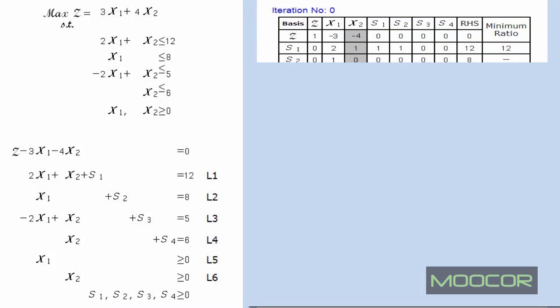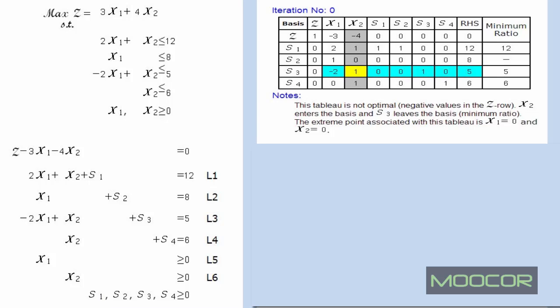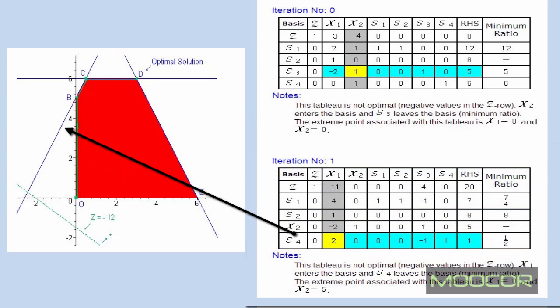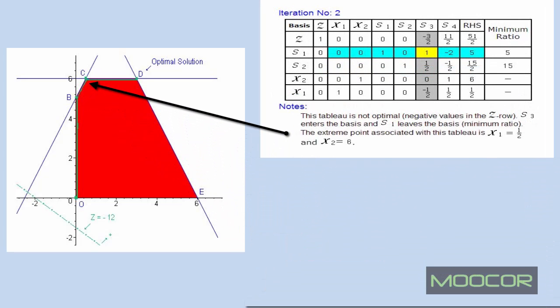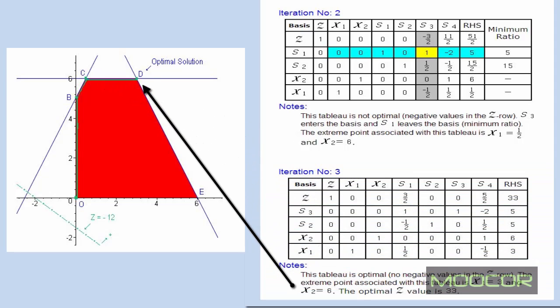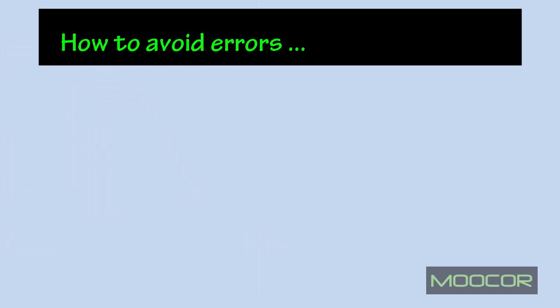Notice that each tableau represents an extreme point, and these are the adjacent extreme points as we go from one tableau to the next, moving toward the eventual optimal solution. In this case, this tableau represents the optimal solution, and as you see, the process was very simple and straightforward.